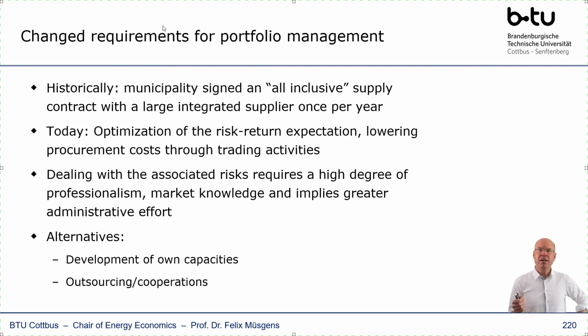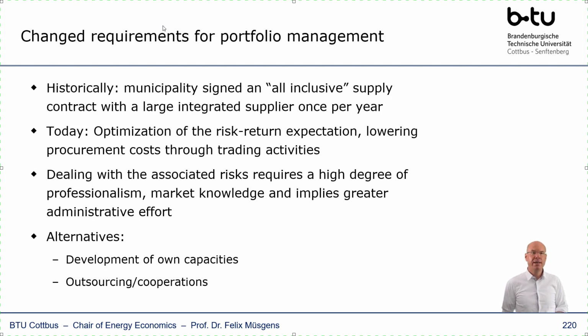This was in the past, and this is still true for very small companies. If you, for example, are a very small industrial consumer, then you still sign this all-inclusive supply contract once a year because it's not your core business to optimize your energy profile. But for the very large companies I just mentioned, this is the history, this is not done anymore.